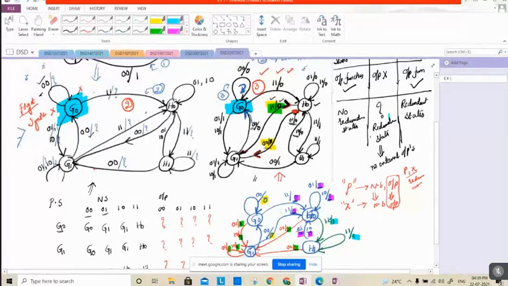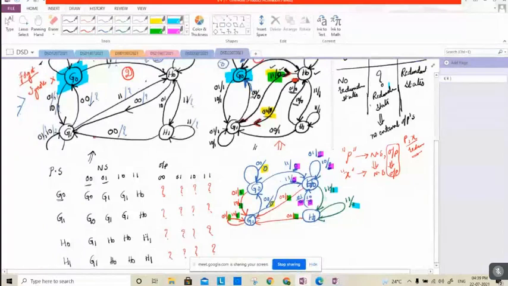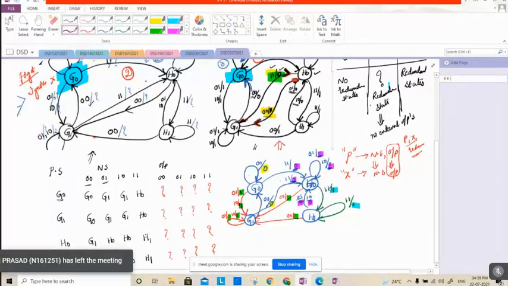Is it visible for you people? Yes, sir. Try to understand, try to focus on this. Right. So the lines which are coming towards G0, what are the outputs for those lines? 0.